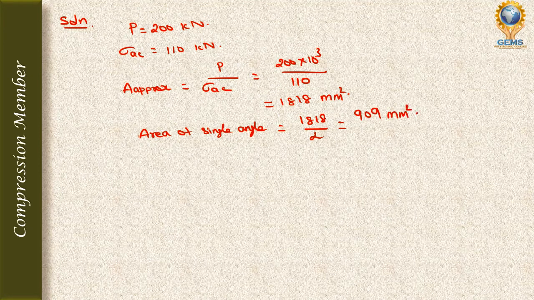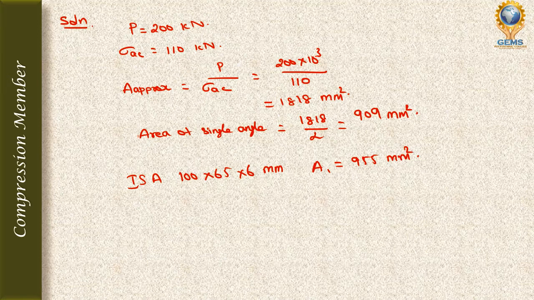So now we have to choose an angle which is greater than 909 mm square. So we are assuming ISA 100 by 65 by 6 mm angle. We are assuming it. Why? Because its area is 955 mm square.